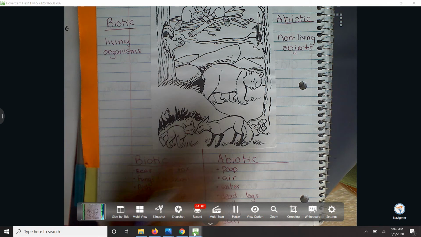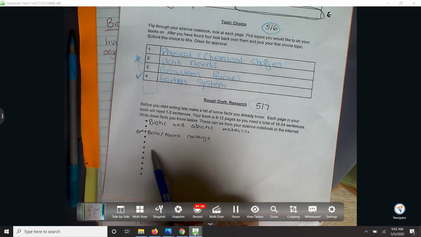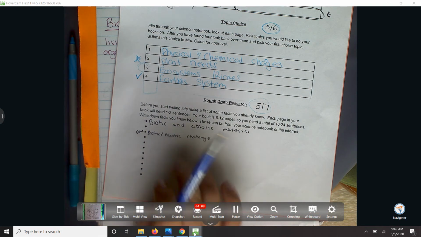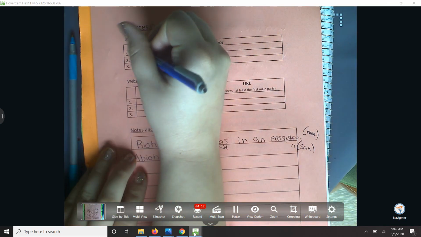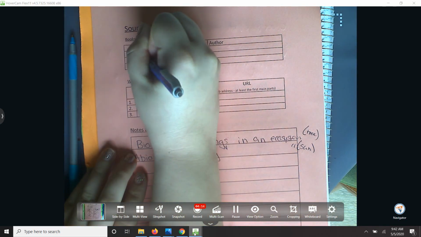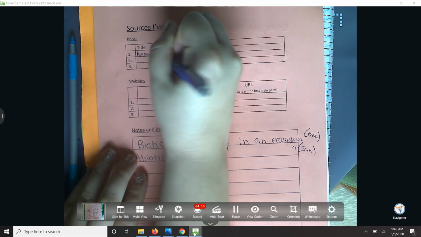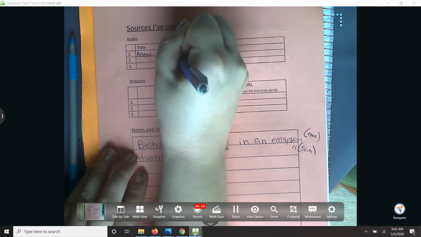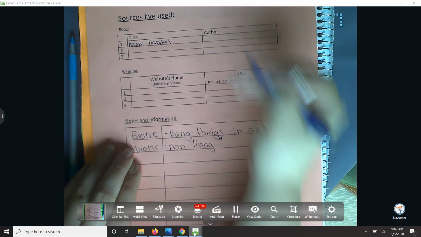Okay, and I'm researching and I'm writing down everything I can, and I started with everything in my notebook. And then I was like, well, I don't know everything, but I have this book at my house called Animal Habitat. So I'm going to put Animal Habitat. And I'm going to put the name of the author.